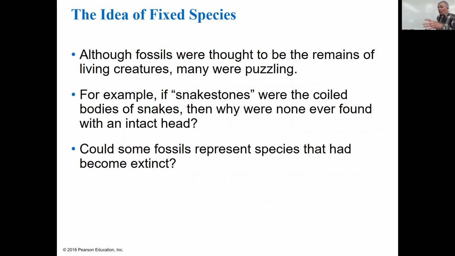So fossils were thought to be remains of living creatures, but many were puzzling. The snake stone, which I'm going to show you in a moment, they thought was the coiled body of a snake, but then why was no intact head ever found? And could some fossils represent species that became extinct? And here's the thing that they didn't realize, the extinction.